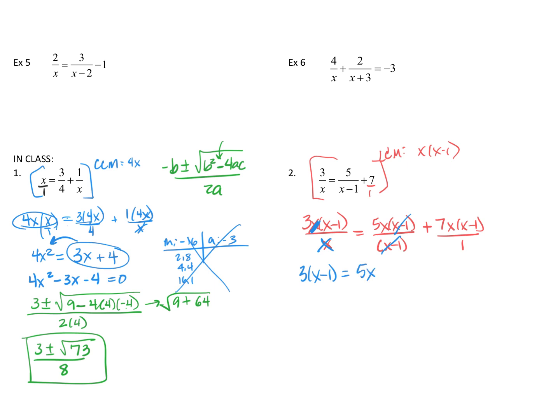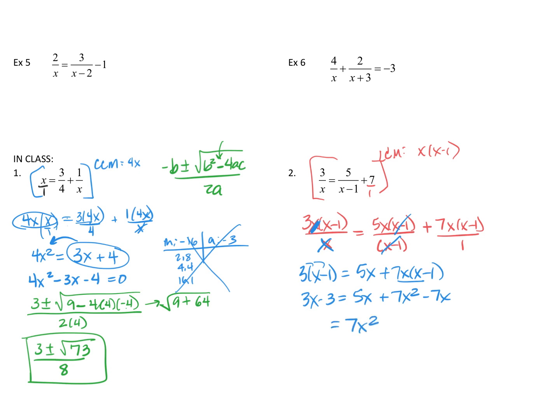Over here, nothing's going to cancel. I just need to do some multiplying. All right, now we're going to do this distributing piece. Let's distribute the 3. 5x plus 7x squared minus 7x. That's a lot of stuff going on in it. Now we're going to collect like terms, keeping x squared positive. It's positive on the right, so we're going to leave that on the right.